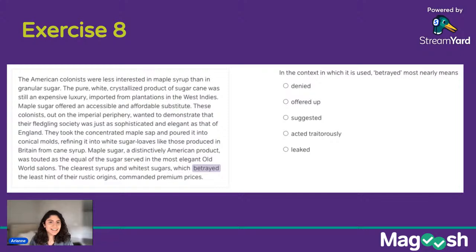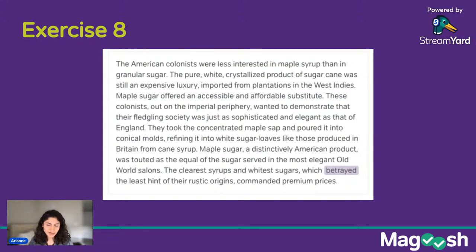Okay, exercise 8. In the context in which it is used, betrayed most nearly means, let's see what it means. So we have our passage here. I can read it for you. Let's see, where do we start? We know we're skimming a little bit before. We're talking about American colonists. We're talking about sugar, importation, plantations, imperial periphery, sophistication, and elegant.